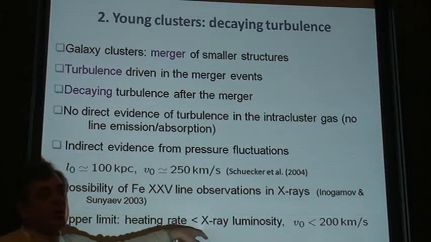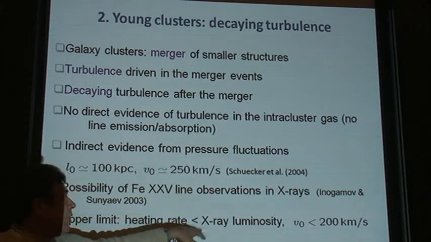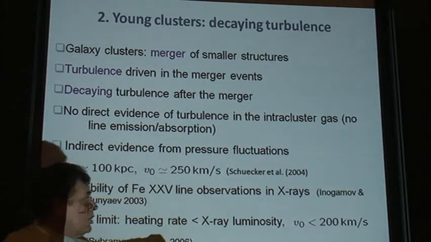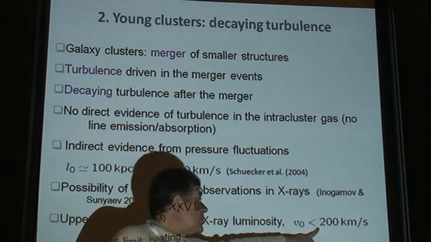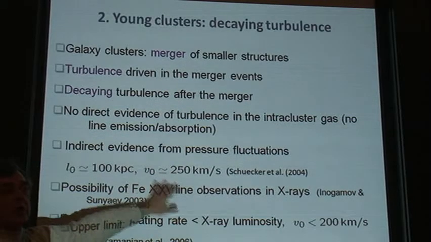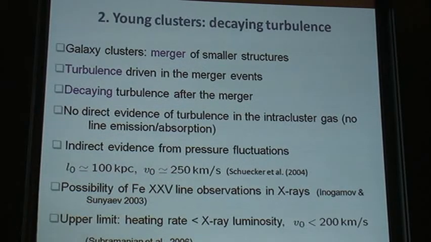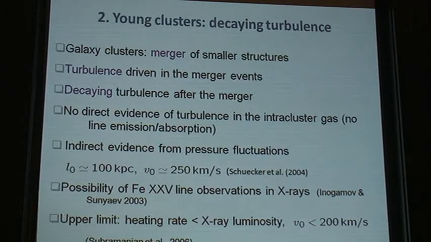And of course, the heating rate by turbulence must not exceed the energy emitted by the clusters. This immediately gives you the upper limit of turbulent velocities of 200 kilometers per second. So we were very pleased to see that it agrees very well with independent estimates. So right now this makes me feel better. It means perhaps that we are not doing entirely silly things.